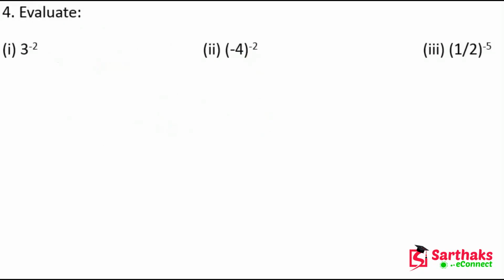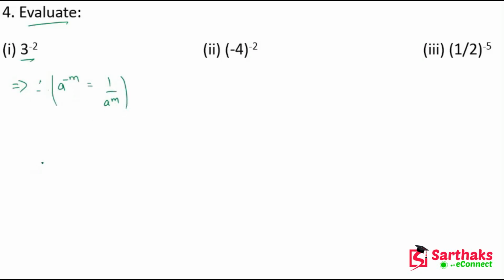Now next, the problem number 1 is: evaluate 3 raised to power minus 2. We know that if a base has a negative exponent, we can write a raised to power minus m as 1 upon a raised to power m.